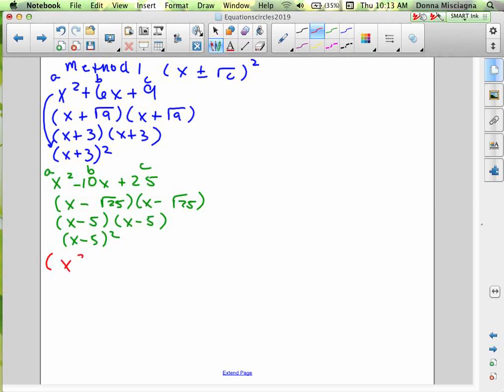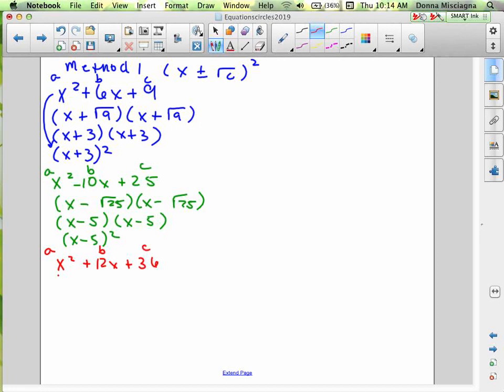X squared plus 12x plus 36. You don't really need the parentheses. So a is the coefficient on x squared, b is the coefficient on x, c is the constant term.